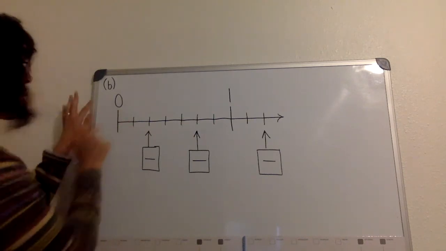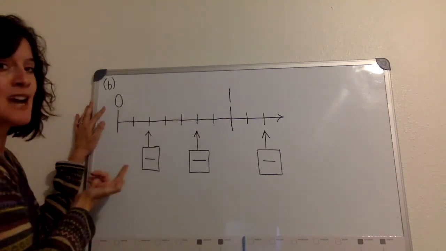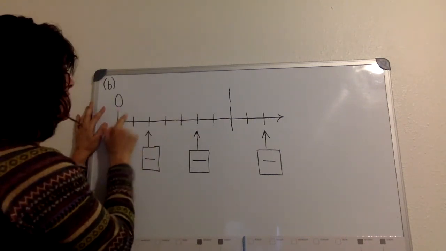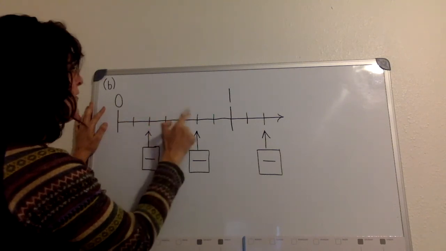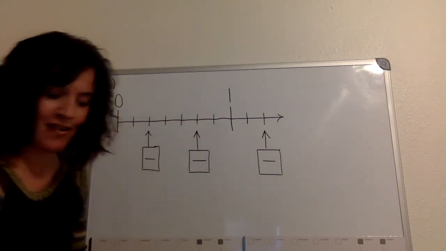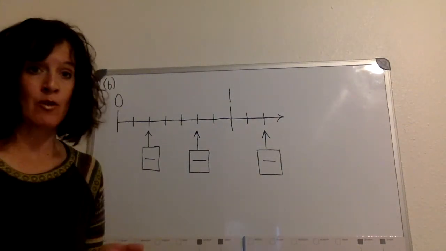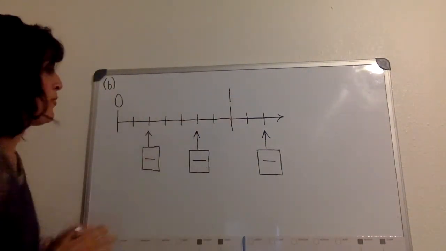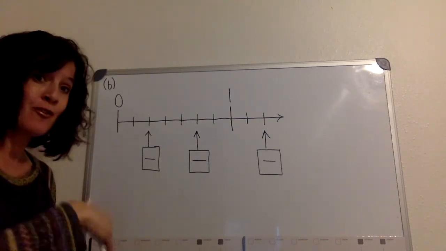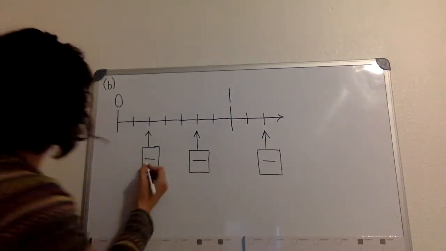So let's count in between 0 and 1. Let's count our increments. 1, 2, 3, 4, 5, 6, 7. All right. We have 7 increments. We have 7 equal parts in between 0 and 1. So my denominator for all of these fractions here will be 7.